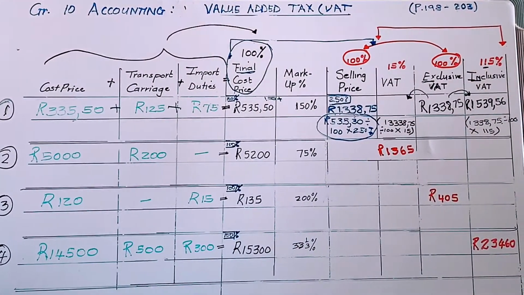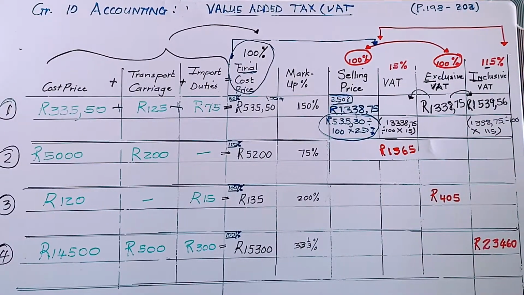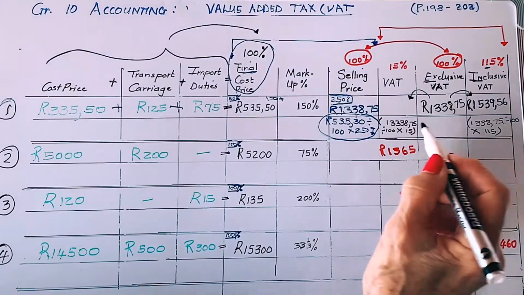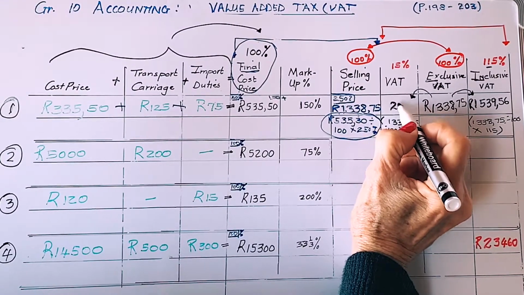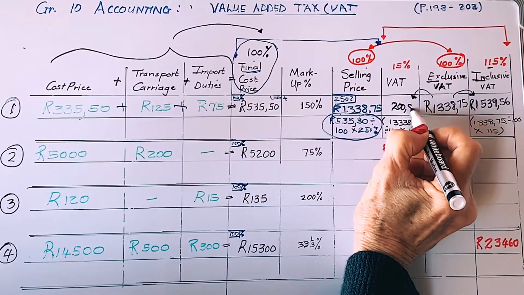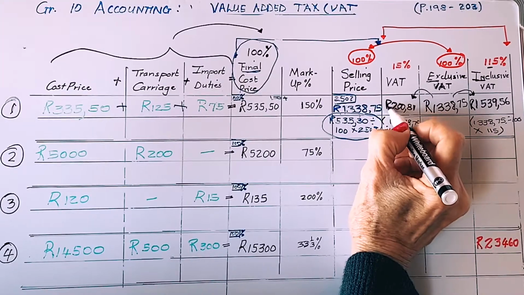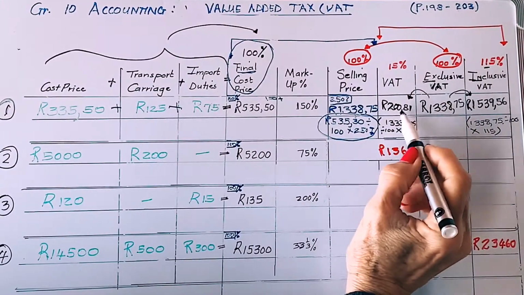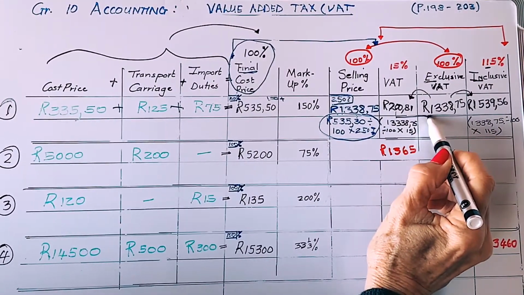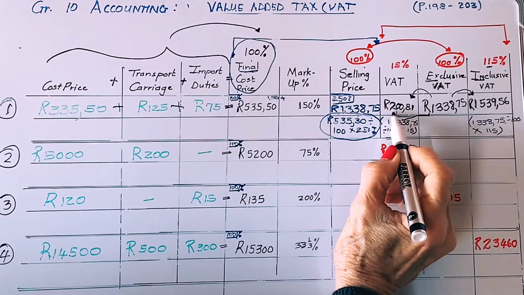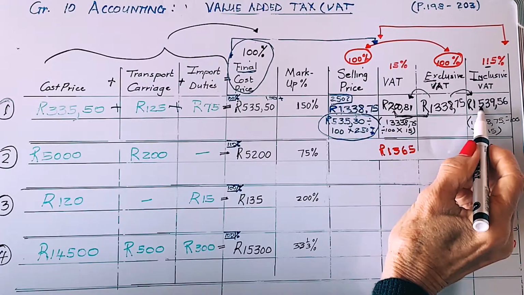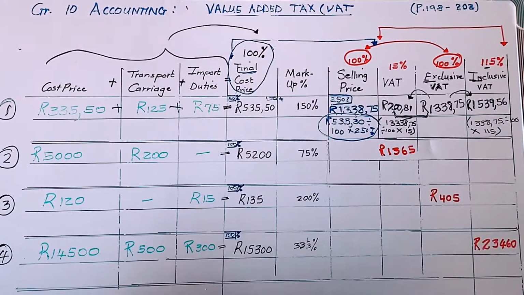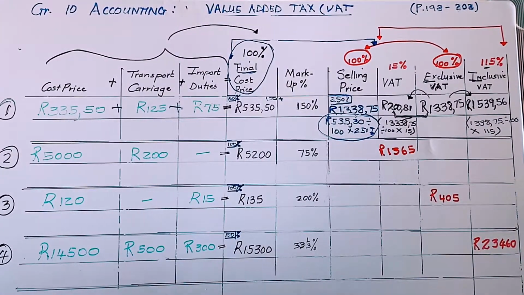And if I do that calculation, my VAT amount will be R200.81. Another way that you can check this is if I add those two together, they should give me the final amount that I have there.